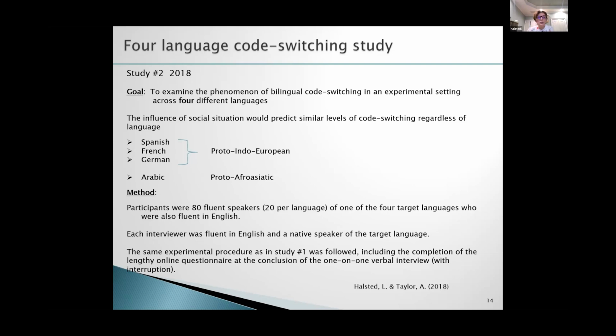For each group, we had 20 participants, and the interviewers who helped us with this study were native speakers of Spanish for the Spanish group, French for the French group, German for the German group, and Arabic for the Arabic group. A total of 80 participants.